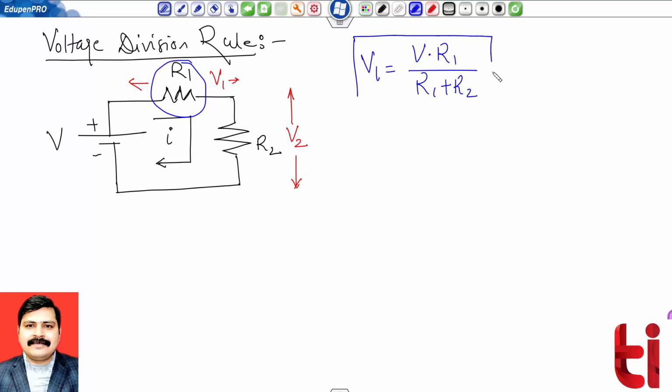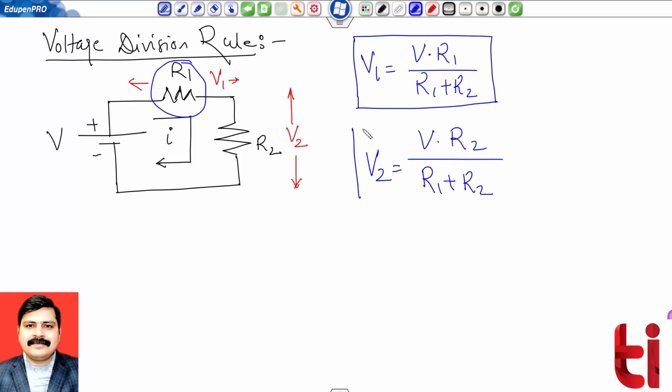This is known as my voltage division rule. Let me write explicitly the value of V2: it is V multiplied by resistance R2, across which we would like to find the voltage, divided by R1 plus R2.